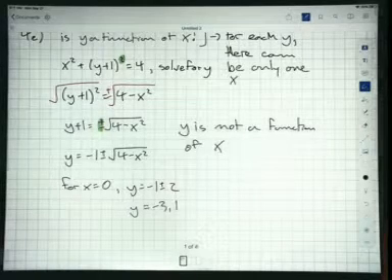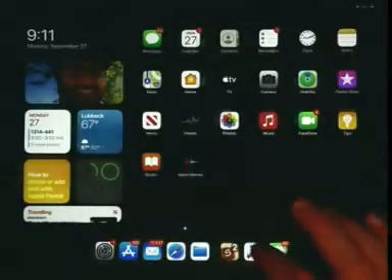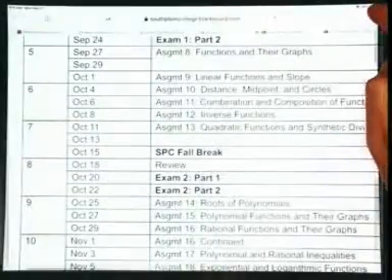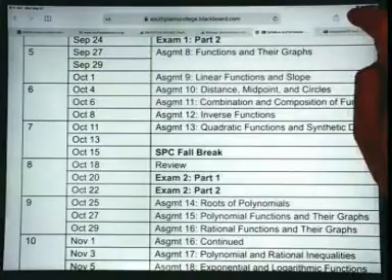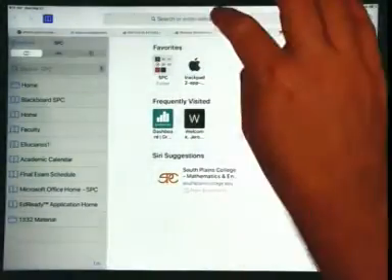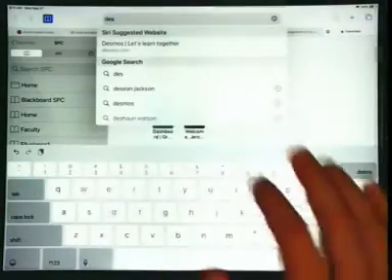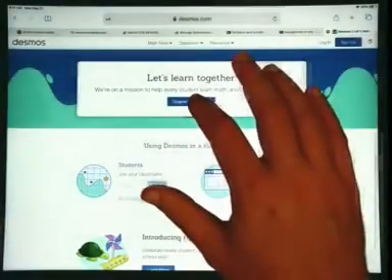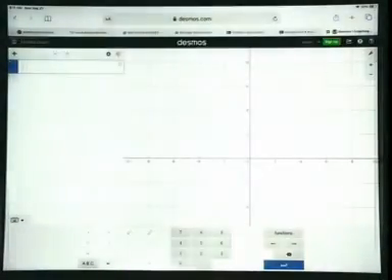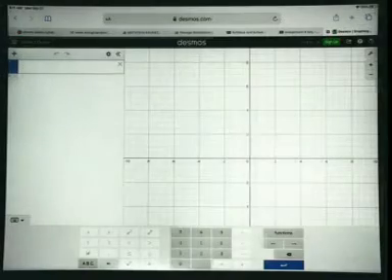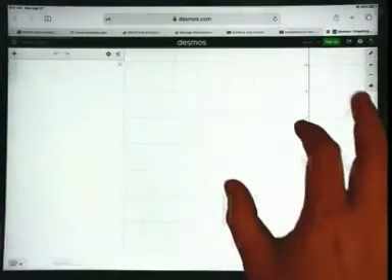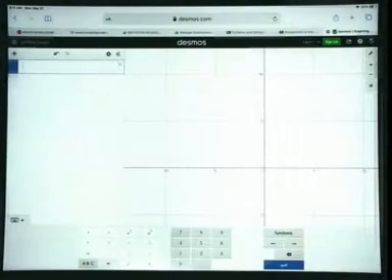While I don't allow graphing calculators on exams or quizzes, it doesn't mean that we can't use a graphing calculator to get a sense of what's going on here. One of my favorite free graphing calculators is called Desmos, D-E-S-M-O-S.